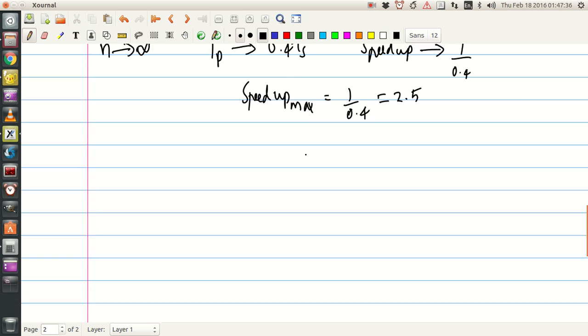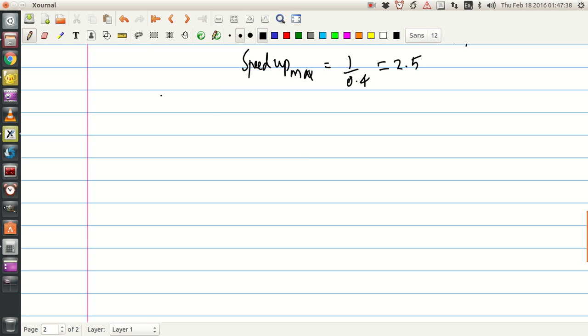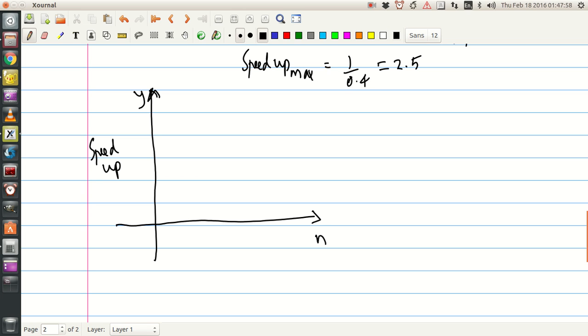So if I were to ideally plot this, with speed up on the y-axis and the number of threads or processors on the x-axis.